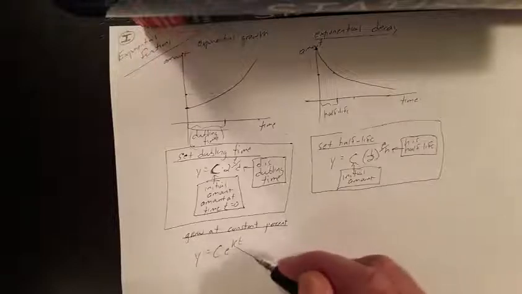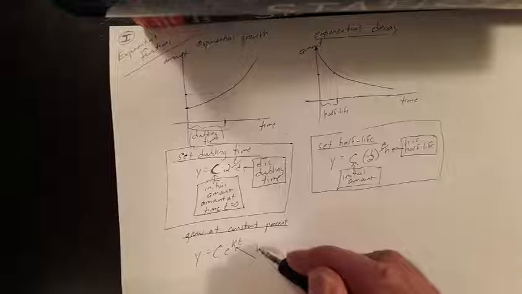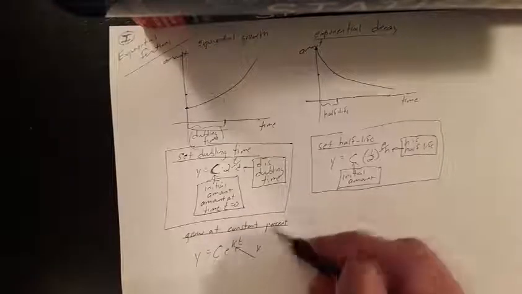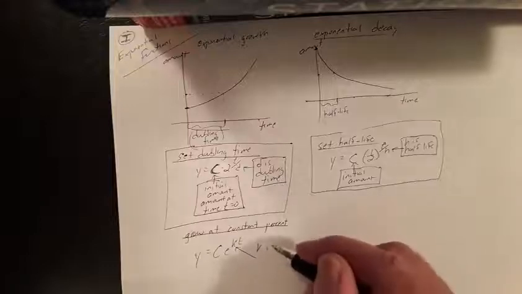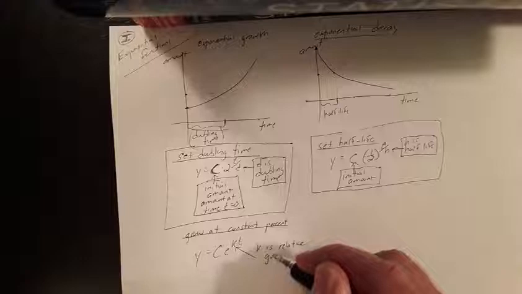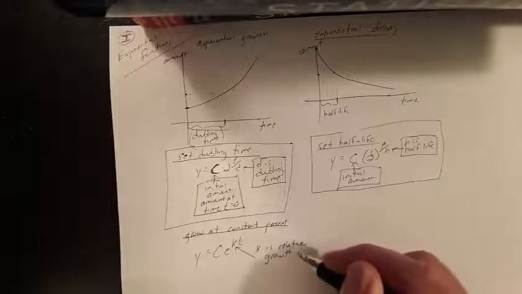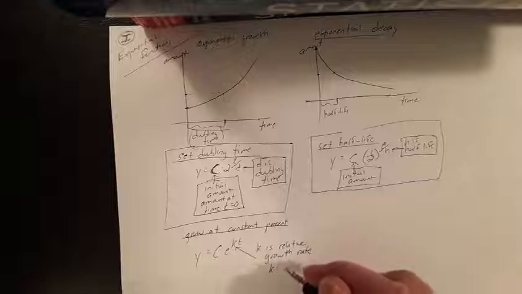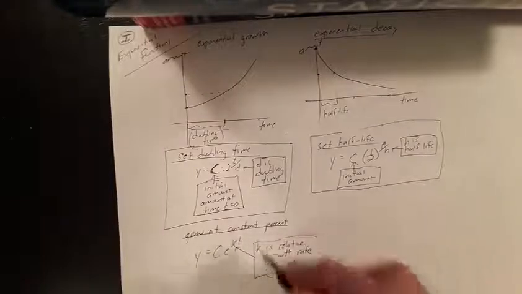where k is called the relative growth rate, and it's basically just a proportion. You know, it's like the percent written as a proportion. You know, like k equals 0.06 or something like this, right?